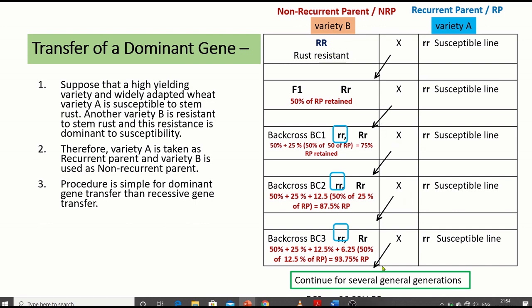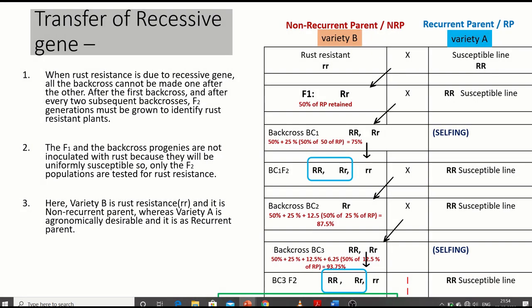So we want as much of the recurrent parent as possible, along with only the donor genes conferring disease resistance. At BC6 you will witness 99.7% of the recurrent parent, which would be desirable, although there will be some presence of genetic load there also.